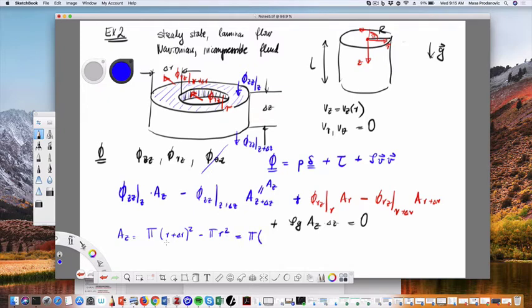So R squared goes away. And we're going to do the first simplification here. Delta R is going to be small, and it's going to be sent to 0 in the limit.